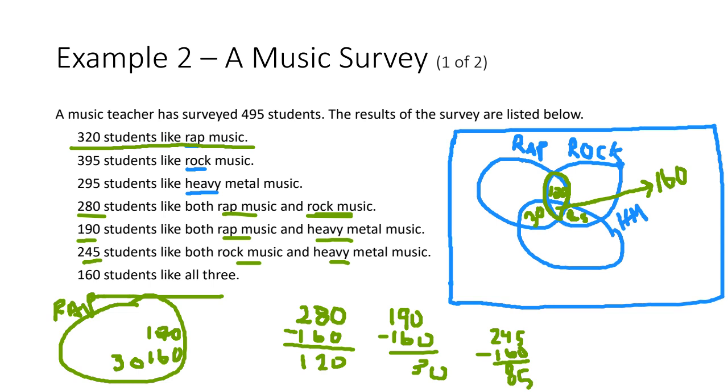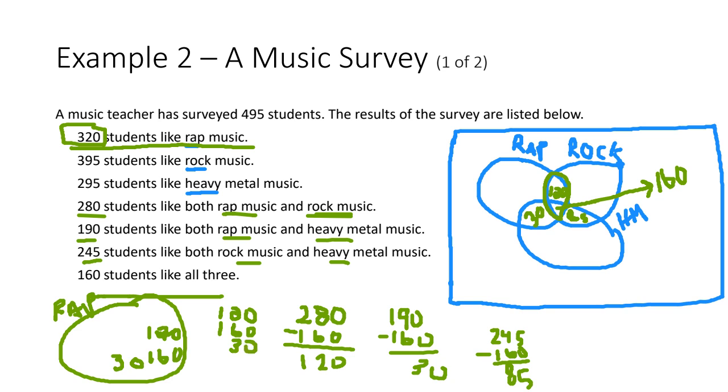So we already have all these students sitting in here, but altogether we should have 320 students. So what we need to do is add 120 plus 160 plus 30, because those are already sitting in our circle.